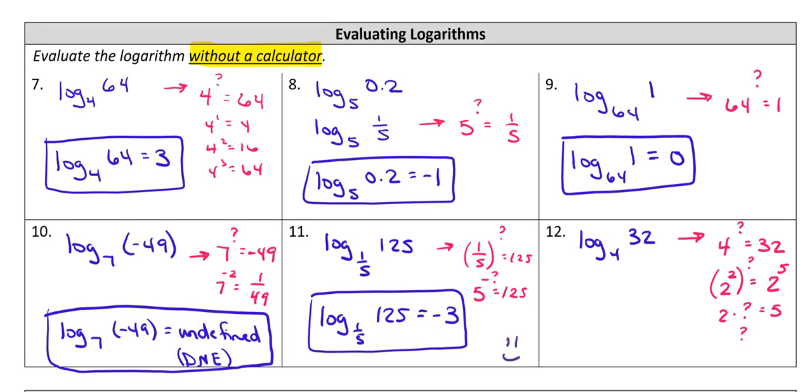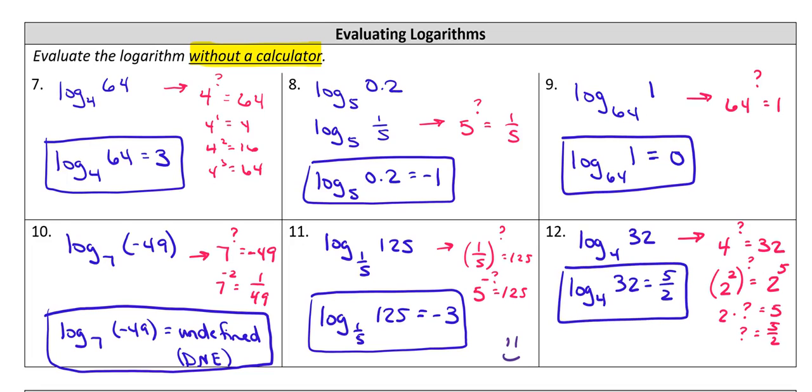So that question mark would have to be 5 divided by 2. So we can even have fractional answers here. Let's see if that works. 4 to the 5 halves means the square root of 4, which is 2, to the 5th, which is 32. So those fractional exponents that we learned before still exist. So log base 4 of 32 equals 5 halves.